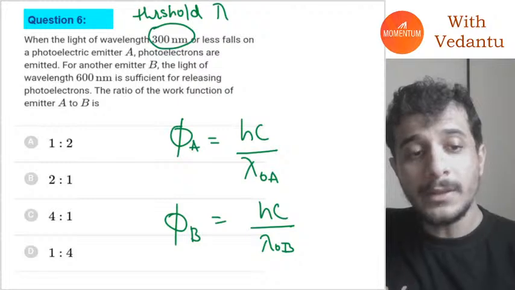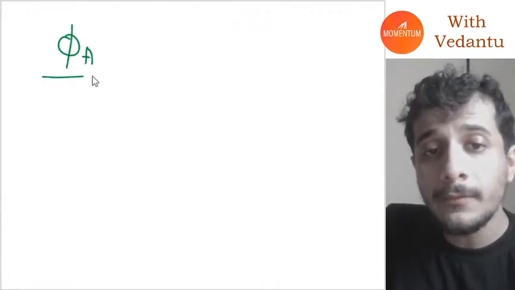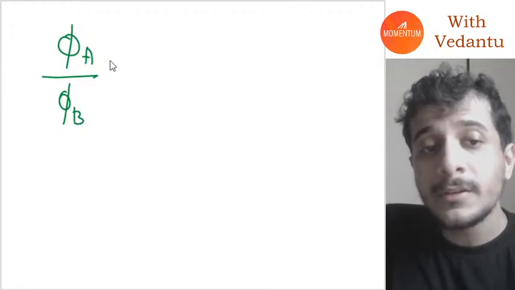Now, to calculate the ratio of phi A and phi B, I will just divide the two equations.